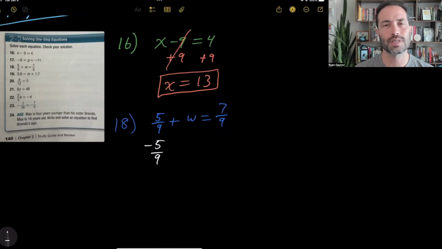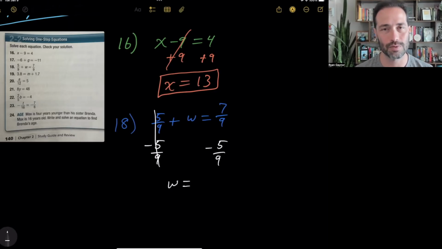And then just as we said before, we got to do it on both sides. So minus 5/9. And remember, when I say both sides, that literally means the left side of the equal sign and then the right side of the equal sign. Okay, so then 5/9 minus 5/9, that's 0. We have w equals 7/9 minus 5/9.